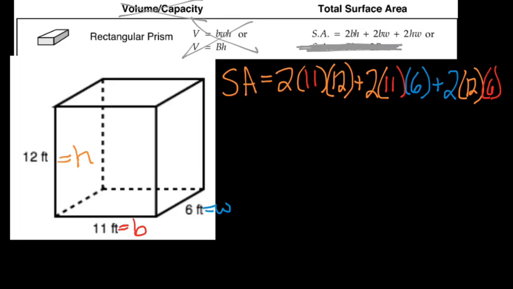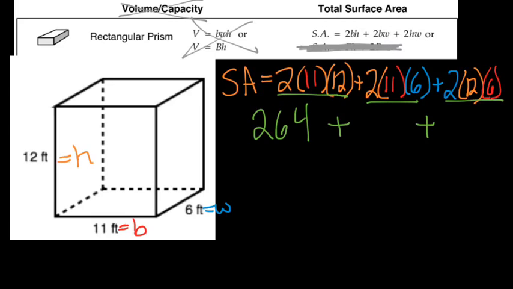Okay, and then order of operations tells us to do the multiplication first. We're going to multiply these 3 numbers, and these 3 numbers, and we're going to get 3 numbers, and then we're going to add those 3 numbers. So in my calculator, I'm going to type in 2 times 11 times 12, and I get 264.